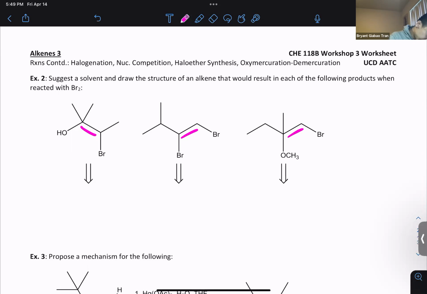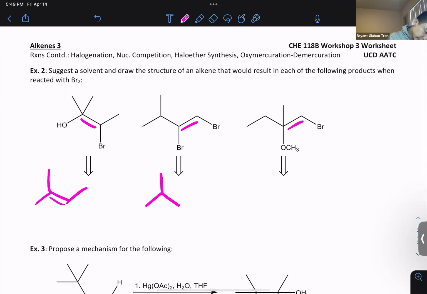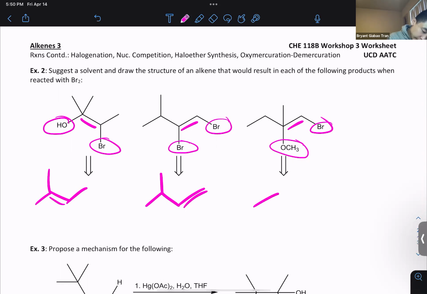Okay, so we could draw that here. Let's say it's that. Okay. Before the vicinal bromine to bromine or alcohol or alkoxide are added, we have this, that. We have this, that. Okay.